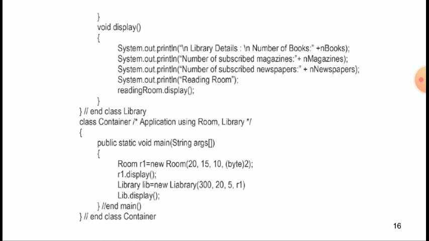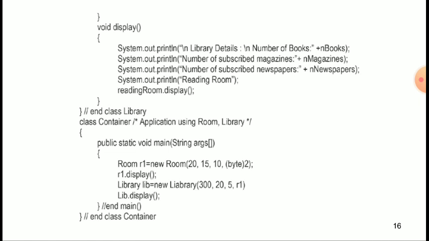Next is a void display, System.out.println library details, number of books. Second, System.out.println magazines, System.out.println newspapers, System.out.println reading room, and readingRoom.display, end of the curly brackets, end of the class Library. And class Container, that is the application using Room and Library.